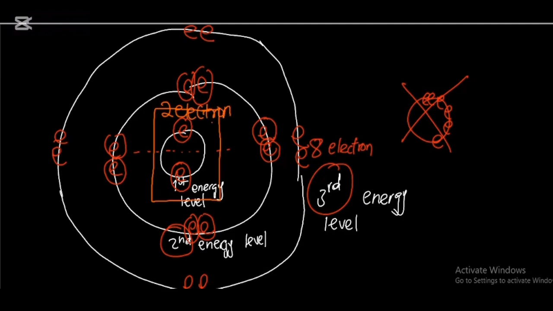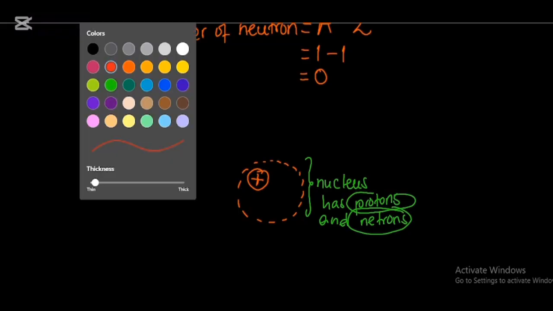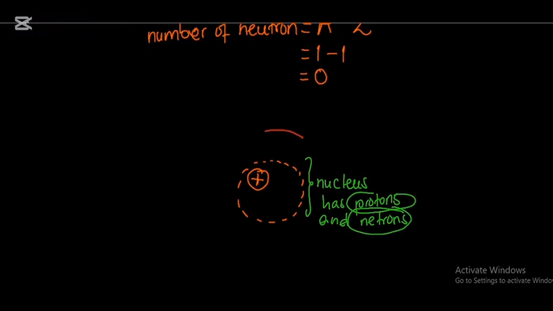Please. So now let's go ahead and look at the energy levels. Remember, hydrogen has only 1 electron, so we'll only draw the first energy level and put our 1 electron there.